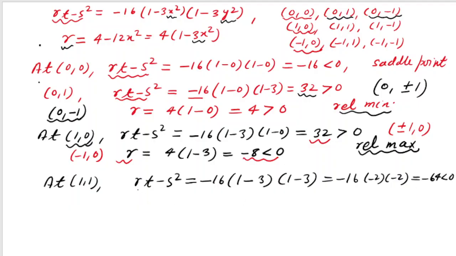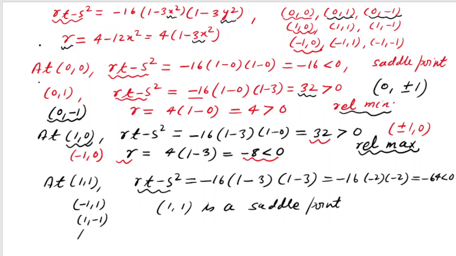So if rt minus s square is less than 0, we don't have to investigate further. We can say that 1 comma 1 is a saddle point. Now the important thing is, as you are mature enough to understand, that if I take 1 comma 1 or minus 1 comma 1 or 1 comma minus 1 or minus 1 comma minus 1, the rt minus s square value will remain the same, because its value is 1 minus 3x square.